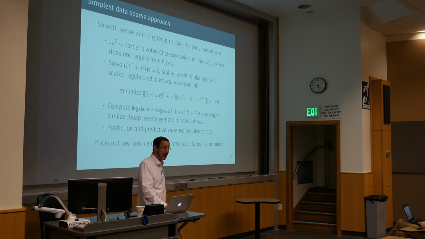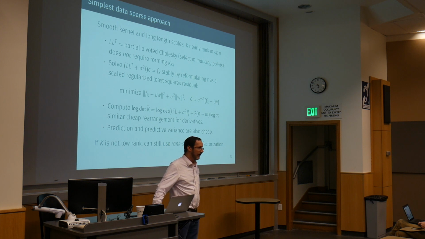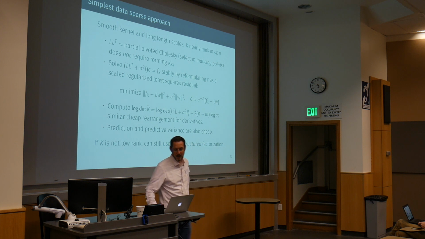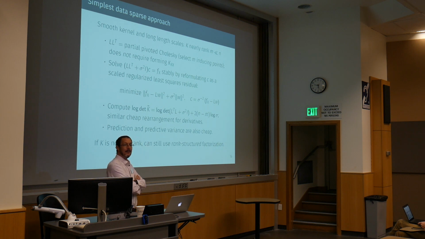How do you then solve this system? Well, it actually turns out that often you want to go down far enough that your L matrix is still a little bit ill-conditioned before you quit. So maybe solving this in the most straightforward way possible isn't the best thing to do. It turns out that you can reformulate the solve as being equivalent to computing a scaled residual in a regularized least squares problem.